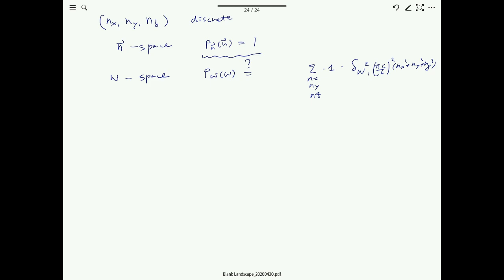Now there are some extra factors. I have some certain polarization, so I get 1/2, and another factor comes from basically when I do this sum over nx, ny, nz squared.